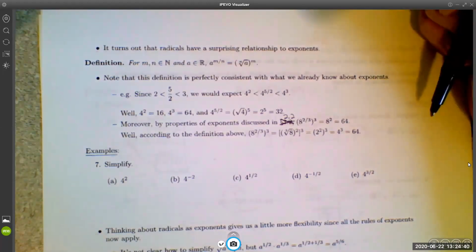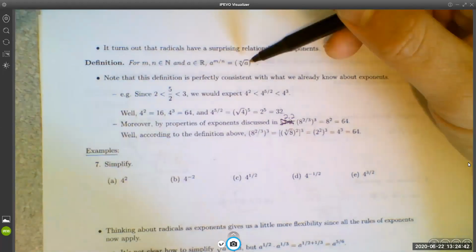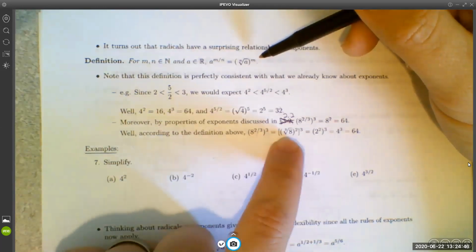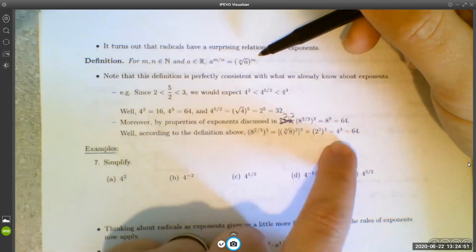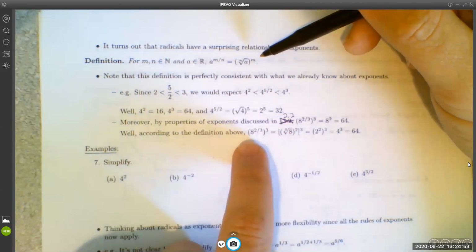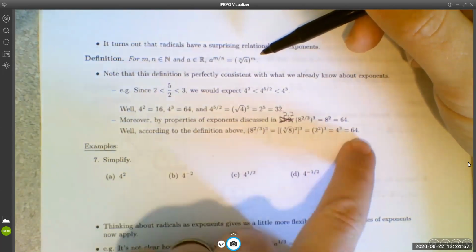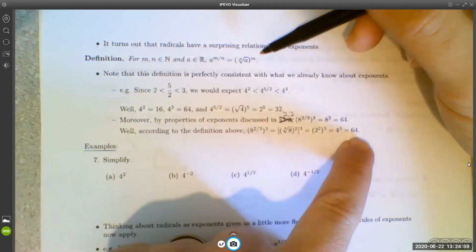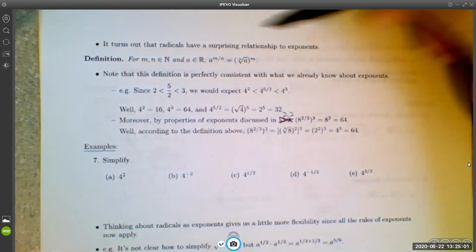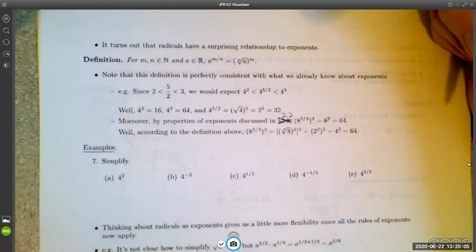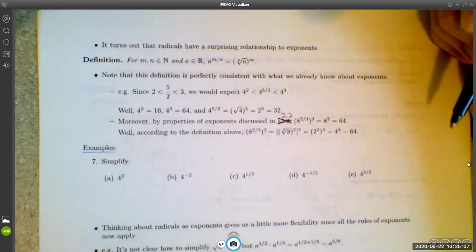Now, on the other hand, using this definition, 8 to the 2/3 would be the cube root of 8 squared. Cube root of 8 is 2. 2 squared is 4. So 8 to the 2/3 cubed is 4 cubed, and 4 cubed is 64, just like we would have expected, right? So this definition really ties in neatly with what we already know about exponents, okay? Let's practice a little bit.